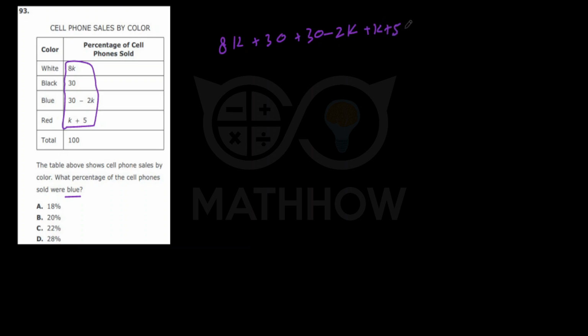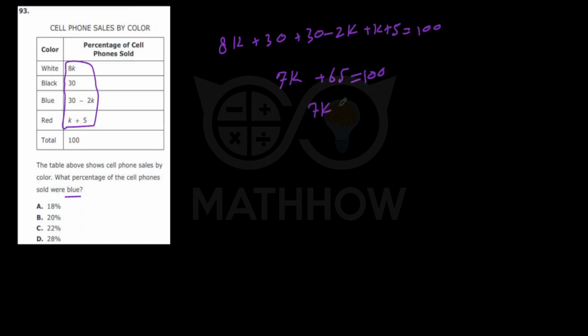k plus 5 equals 100. 8k minus 2k, this will be plus 6k, and plus 1k, this will become 7k. Plus 30 plus 30 plus 60 and plus 5, this will be plus 65 equals 100.